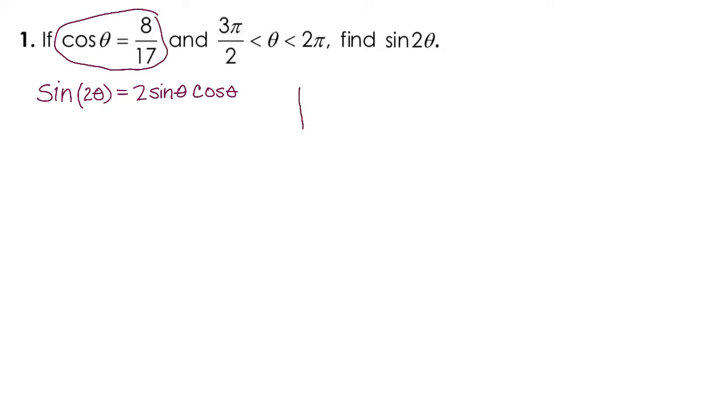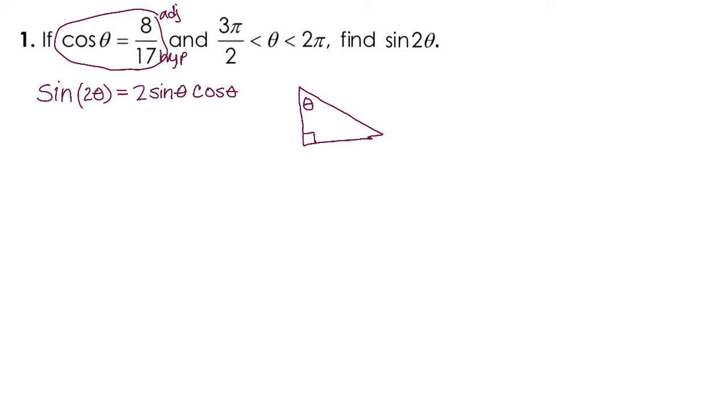So this is where we need to build us a right triangle. Let's see if we can do a little bit better there. Somewhat better. And a right triangle. And I'm going to put theta up here. Now cosine, remember, is going to be adjacent over hypotenuse.